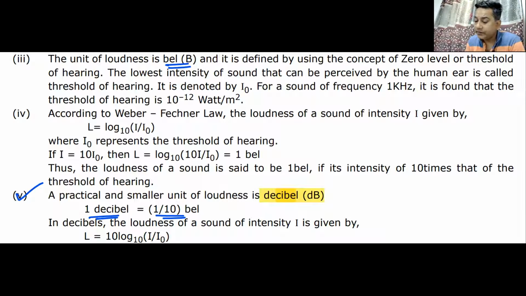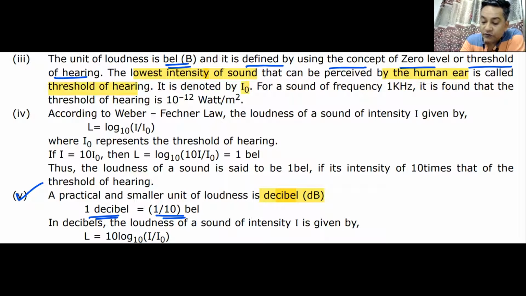Now, how do we understand the unit of sound? It is defined by using the concept of zero level or threshold of hearing. Now, you must be aware of this threshold of hearing. What do you mean by this threshold of hearing? The lowest intensity of sound that can be heard by the human ear is known as the threshold of hearing.